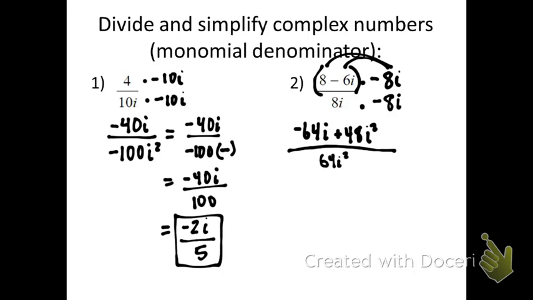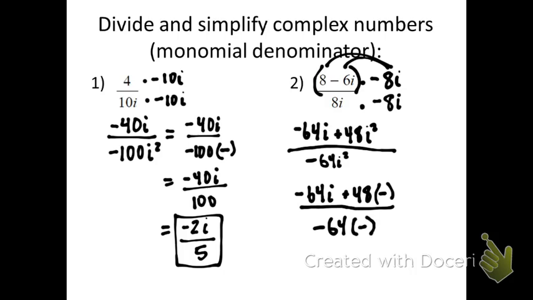Now we start simplifying this out. So the negative 64i comes down. Positive 48 times the negative sign, because i squared becomes negative, over negative 64 times the negative sign. Simplify again. We have negative 64i minus 48 all over positive 64.